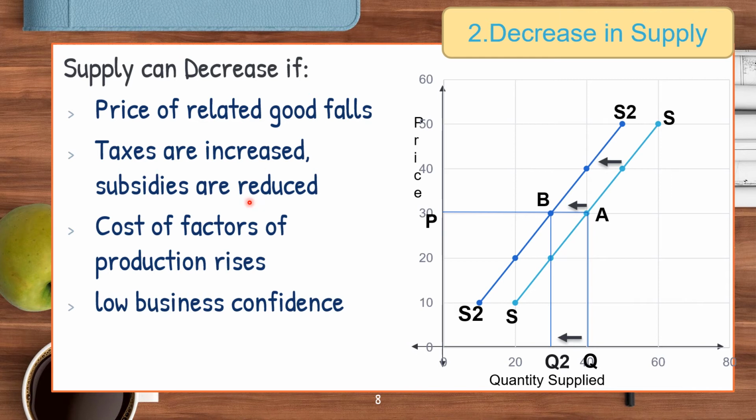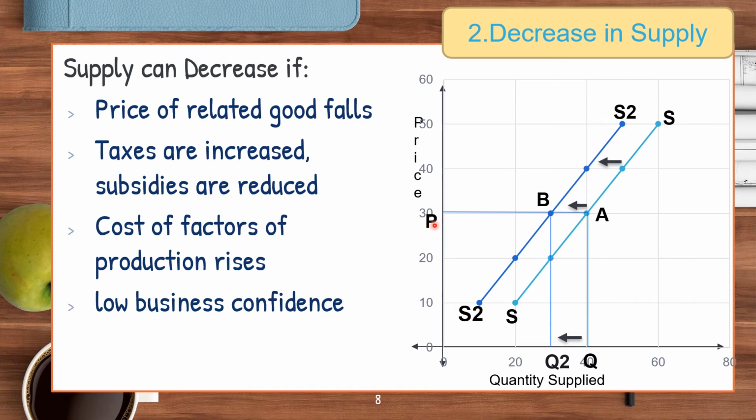So the cost of production will rise for the supplier, and so he supplies less at the same price. If the cost of factors of production rises, that will also bring about a decrease in supply. If there is low business confidence, then supply will decrease; at the same price the supplier decreases his supply. So these are the reasons why supply may decrease.